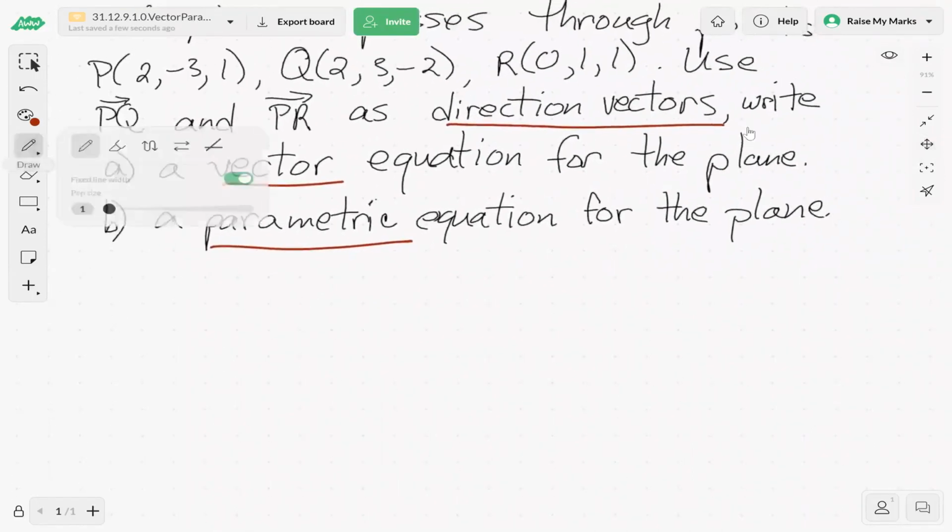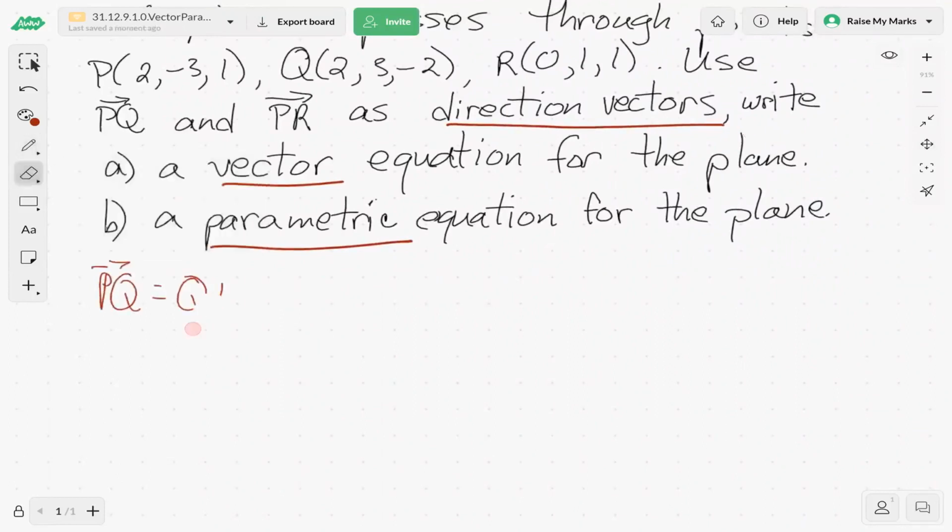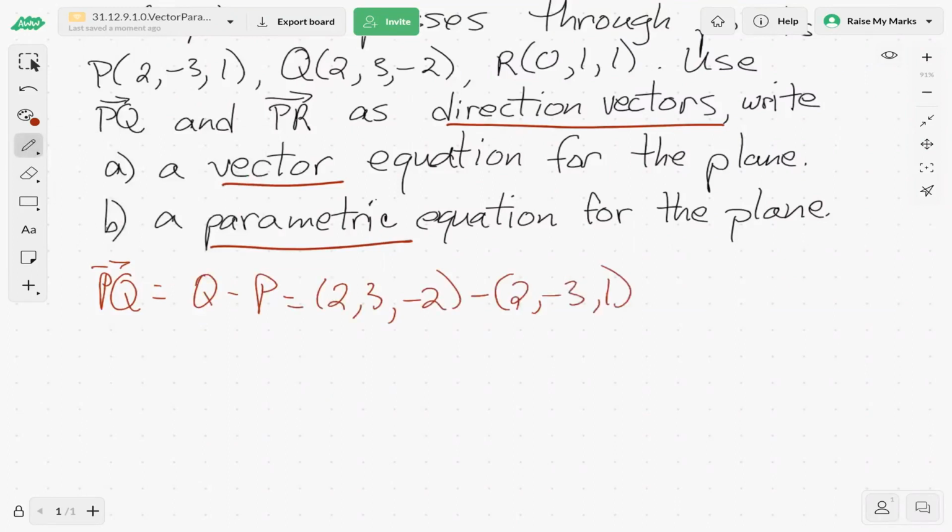So PQ equals Q minus P. We have (2, 3, -2) minus (2, -3, 1). What does that equal? 2 minus 2 is 0. 3 minus negative 3 is 6. Negative 2 minus 1 is negative 3.